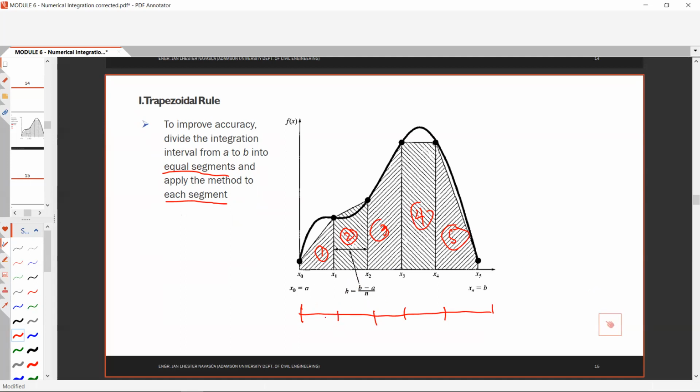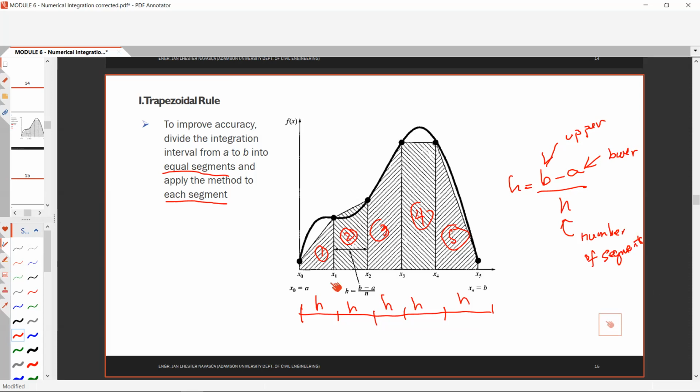The length of this at the bottom is given by h. The formula for h is b minus a all over n, where b is the upper boundary, a is the lower boundary, and n is the number of segments we consider.